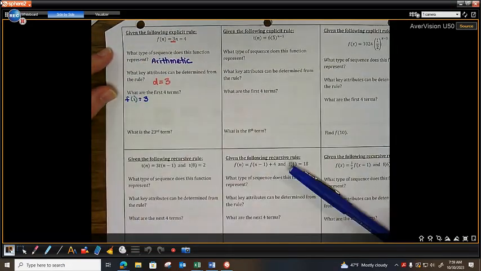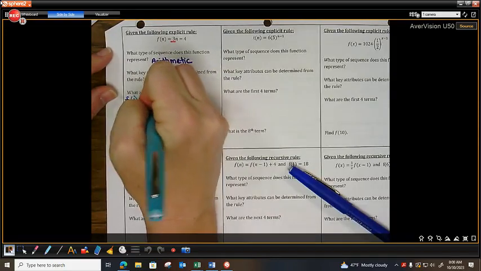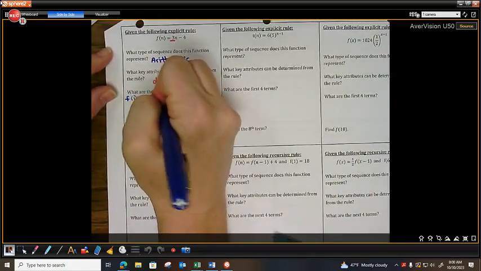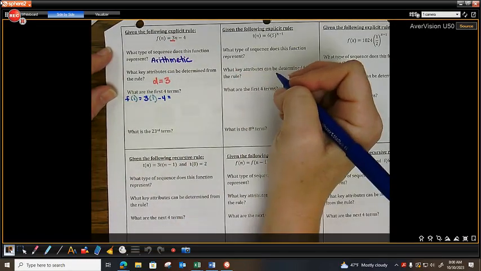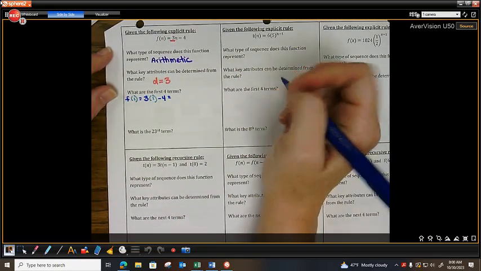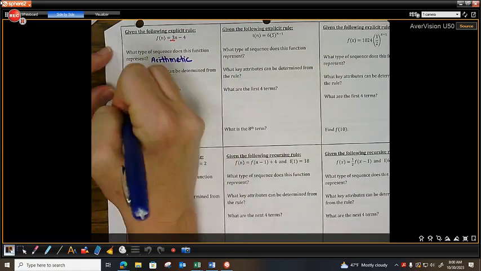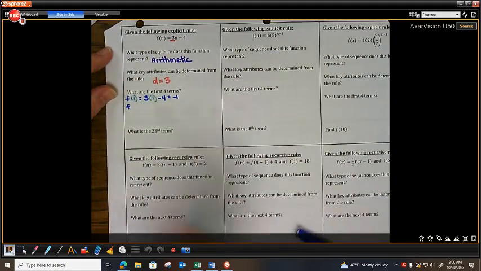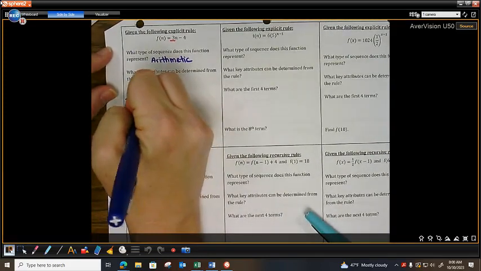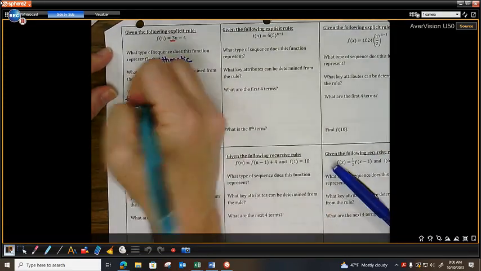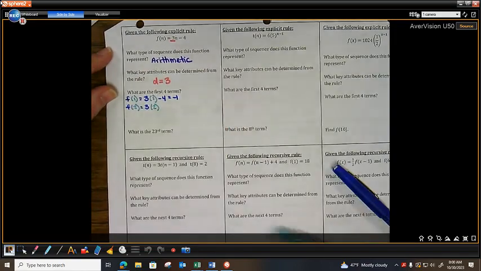So 3 times 1 minus 4. What's 3 times 1? Minus 4? Negative 1. So then let's do f of 2. Well, f of 2, I'm going to replace n with 2.